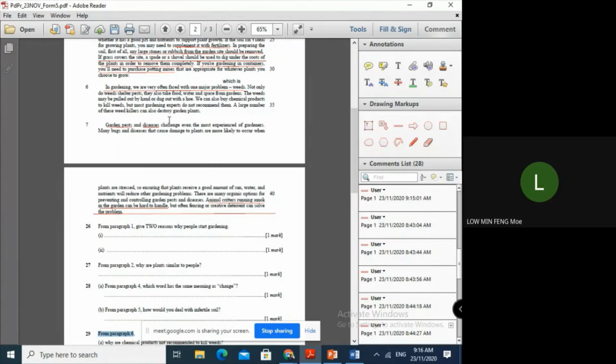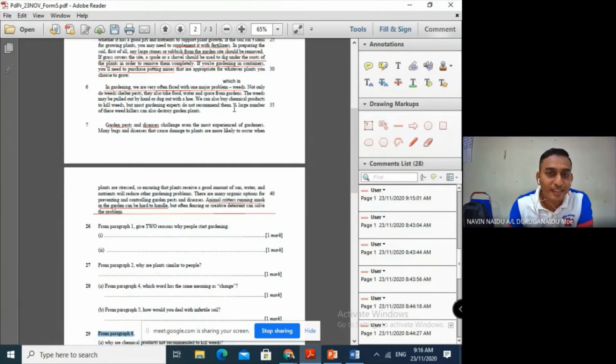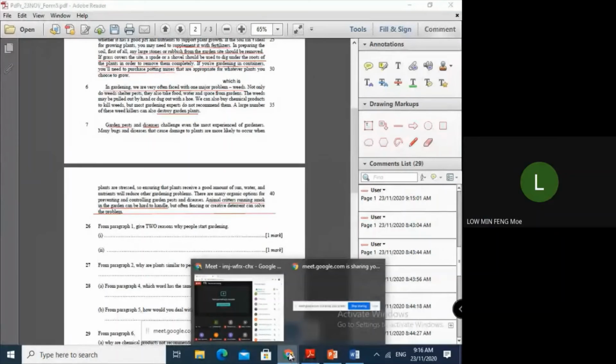If you notice from the last line, line number 35 to 36, a large number of weed killers can also destroy the garden plants. So this is your answer. It destroys the garden plants. Okay, thank you, Long Mengfen.